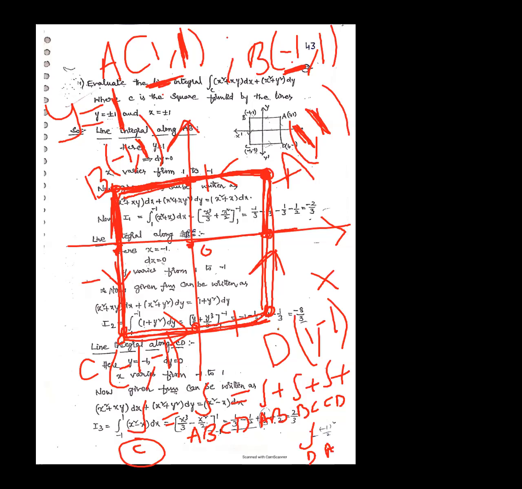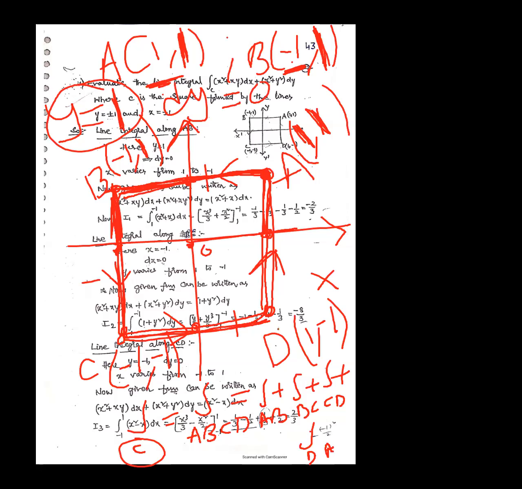So the total variables are converted to a single-variable integral. That's why I use the points from the diagram and fix the constant value in A and B, y equal to 1. So y is converted to the constant 1, and applying the derivative, dy means the derivative of 1, which equals 0.